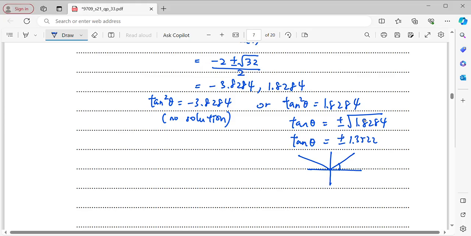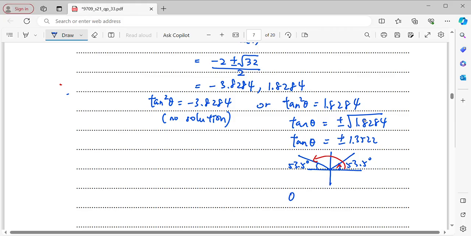Okay, so my basic angle from calculator is 53.5 degrees, which means, okay, first angle is 53.5, second angle is the major angle here, which is labeled as the red color.